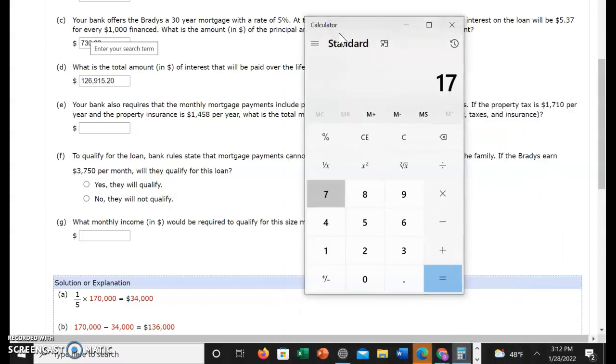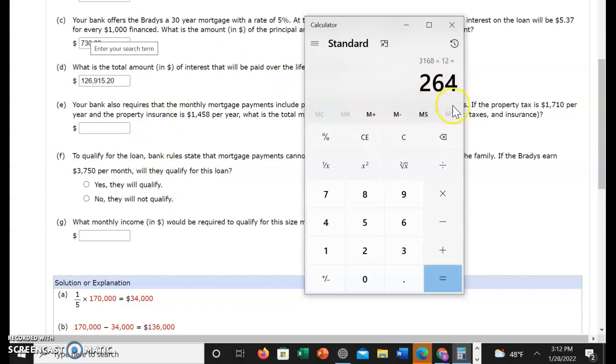So we have $1,710, which was the property tax, and we have $1,458, which was the property insurance, and that's for the whole year. So we need to divide by our number of months.